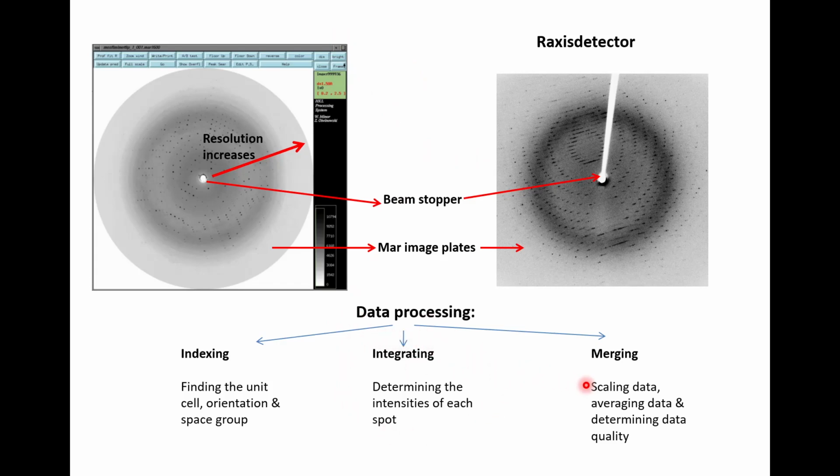Finally, what you need to do is merge all those images by minimizing the noise. There will be some spots which will be adding to your noise. So you need to refine this electron density map with the help of certain scaling factors.